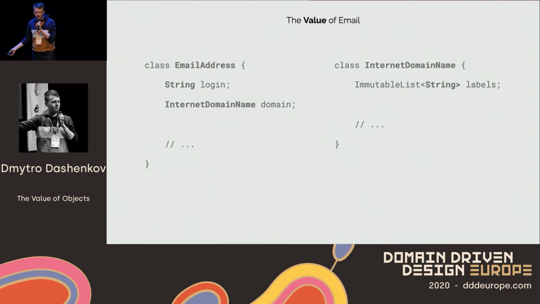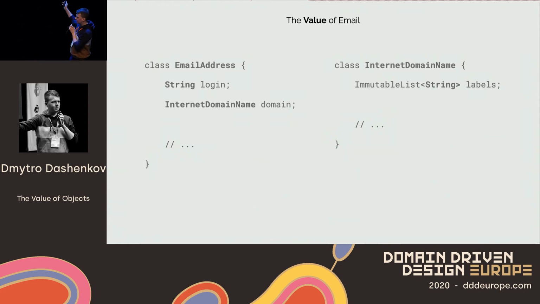Domain-driven design has such a concept as value objects. Value objects are small little objects which contain a single value, and they are able to do stuff around this value so that we don't have to think about it.